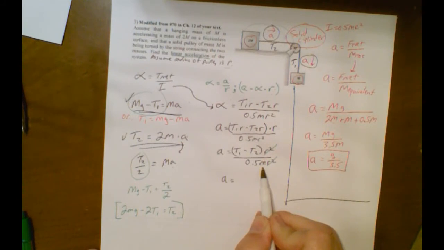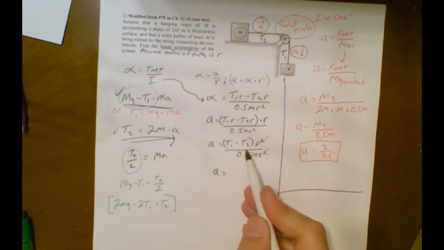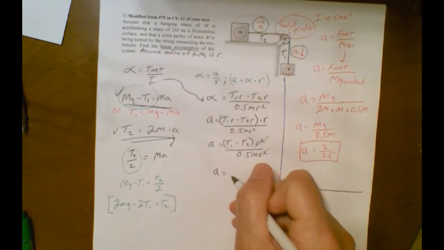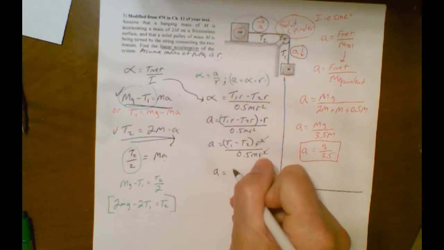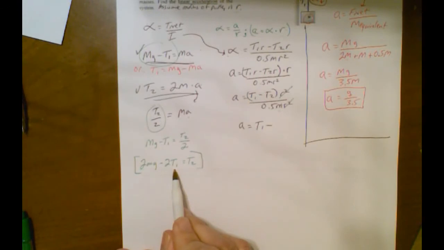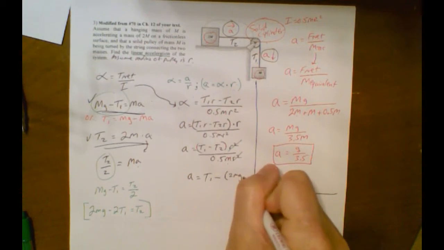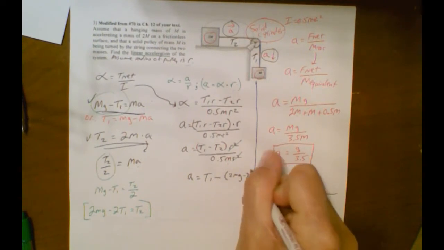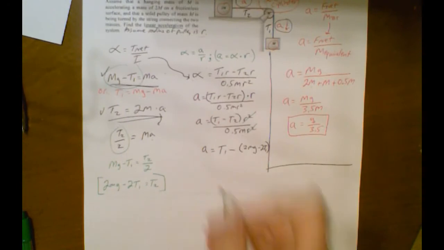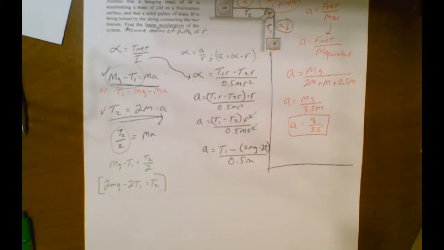But if I think about this, I've already solved for T2 in terms of T1. So I'm going to get rid of that variable. So I'm going to say T1 minus, this is what we had for T2 over here, 2mg minus 2T1, over 0.5 m.